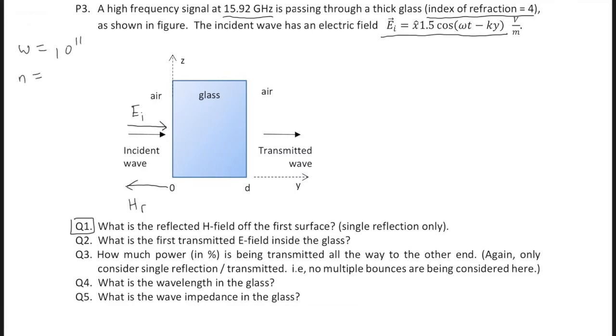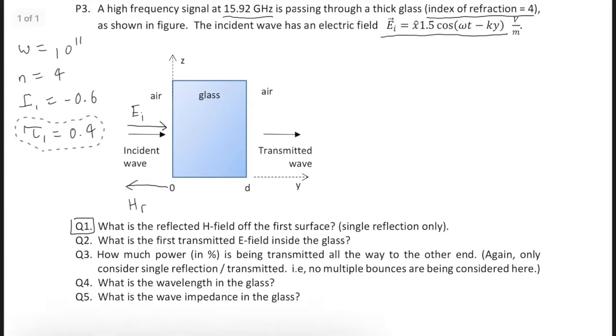Our refraction of the glass is 4. And our reflection coefficient is equal to negative 0.6. And before we look for ER, we can also find our transmission coefficient. To find this, we just do 1 plus our reflection coefficient, and that will give us 0.4. All right, so we have a few of the key building blocks to start this problem.